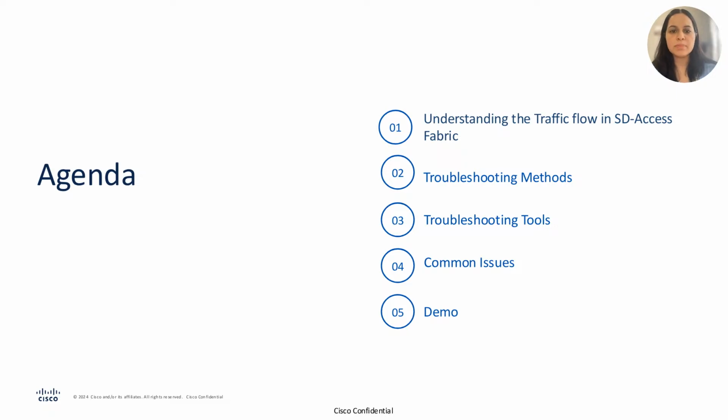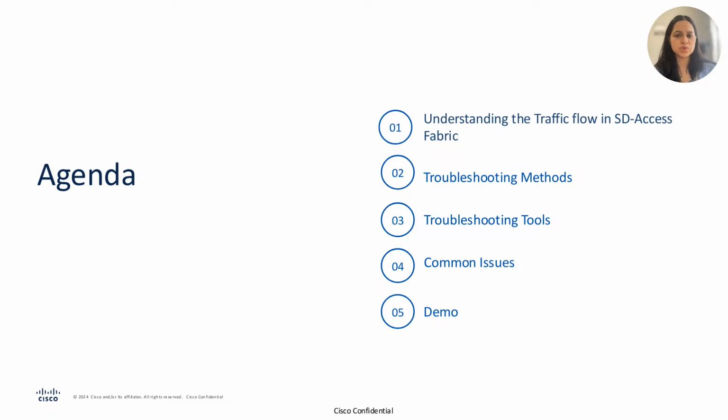We hope that by the end of this session, you will get a better understanding of the issues that we encounter while working with SD Access, and you'll also learn the causes and the issues by their behavior.